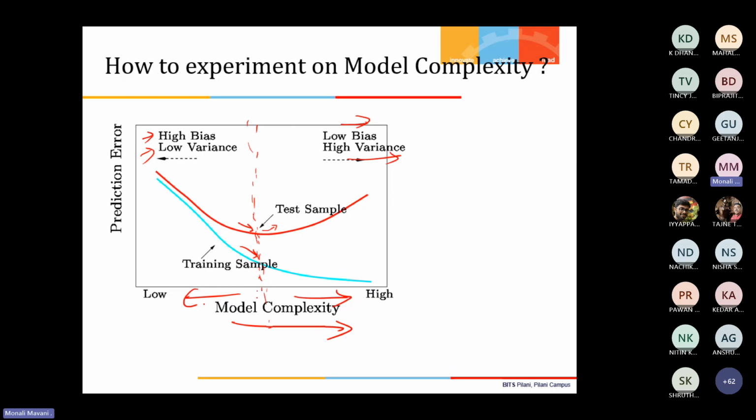This is the maximum we can achieve with the given training dataset, the given number of features, and the given algorithm. This is how you can interpret this curve.